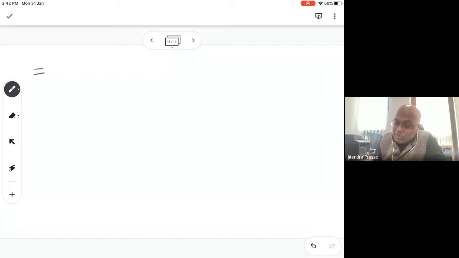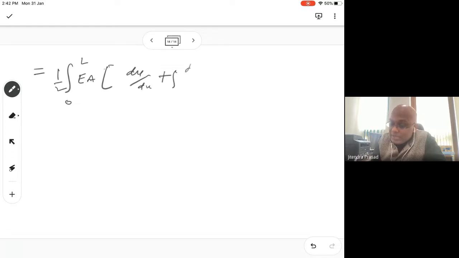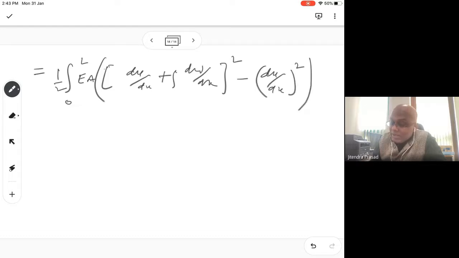The difference we can expand, so half integral 0 to L, and then you have EA, and then du over dx plus zeta dw over dx, squared, minus du over dx squared.